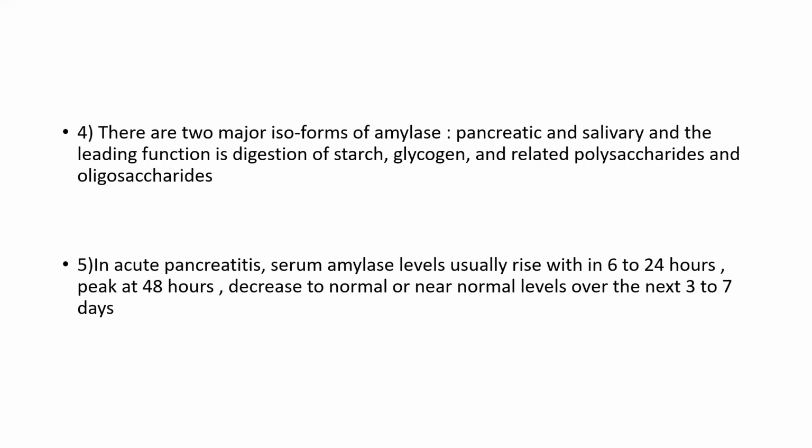There are two major isoforms of amylase, pancreatic amylase and salivary amylase. Its leading function is the digestion of starch, glycogen, related polysaccharides, and oligosaccharides. In acute pancreatitis, serum amylase levels usually rise within 6 to 24 hours, peak at 48 hours, and decrease to normal or near normal levels over the next 3 to 7 days.